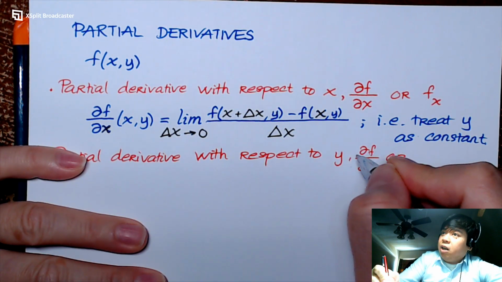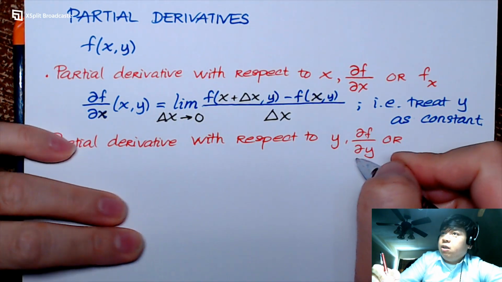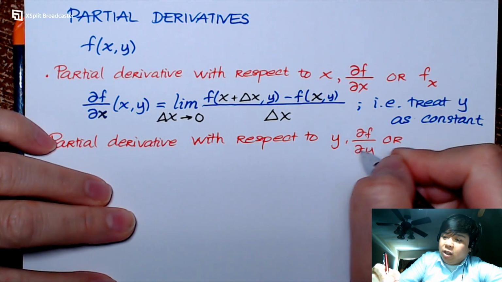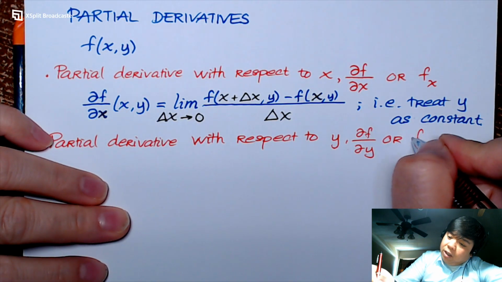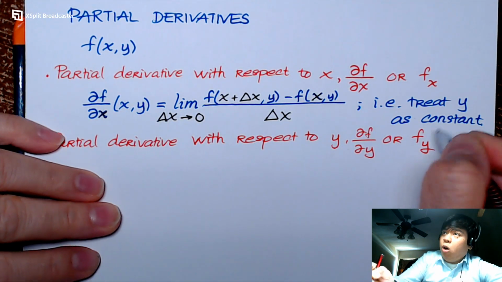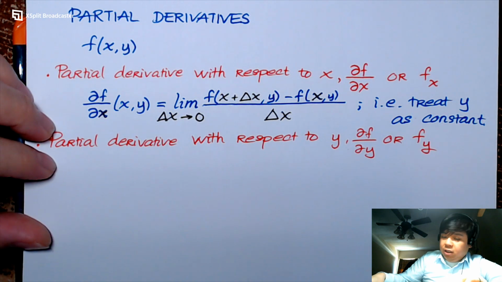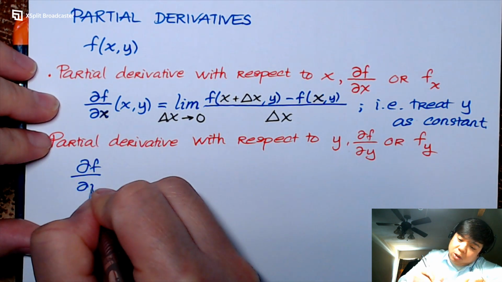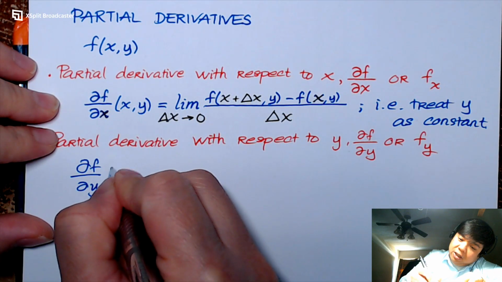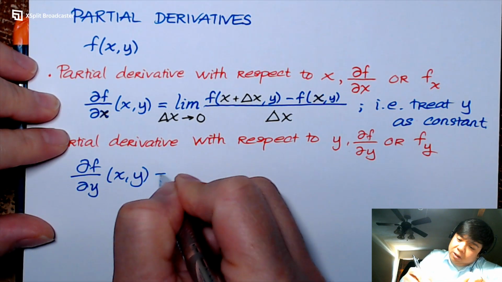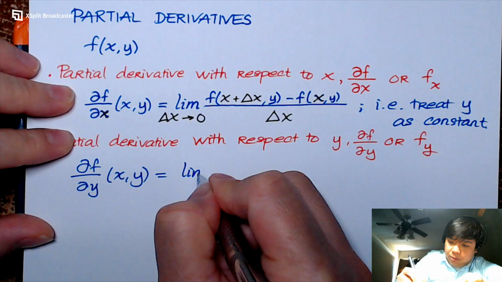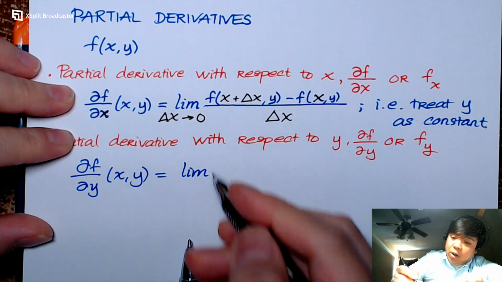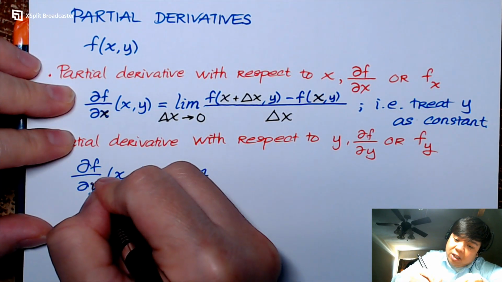We write partial d f over partial d y, or f sub y. It's pretty much the same thing. Partial derivative with respect to y, now we will treat y as the variable.